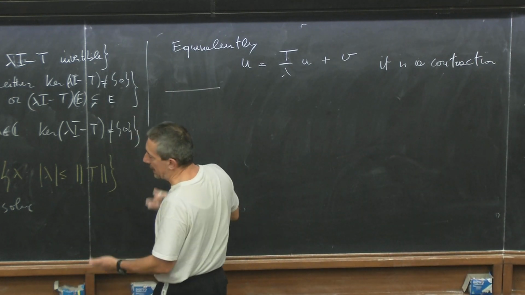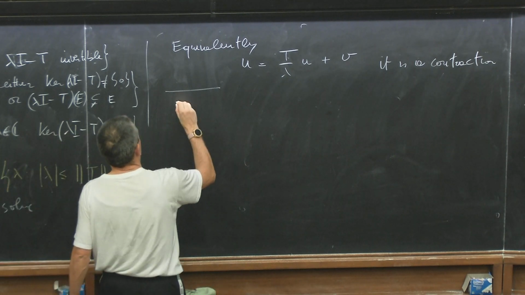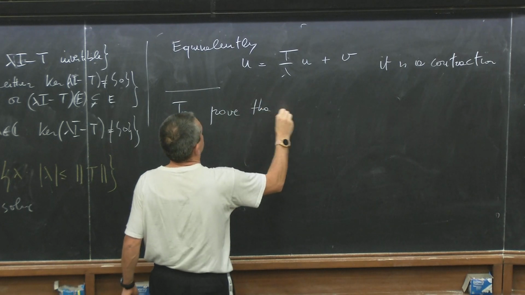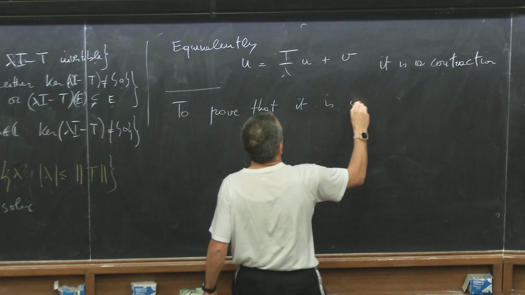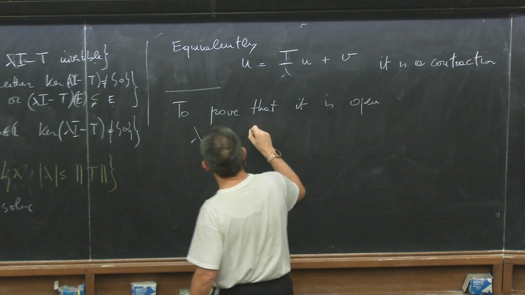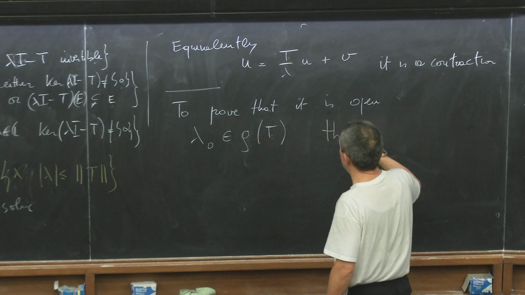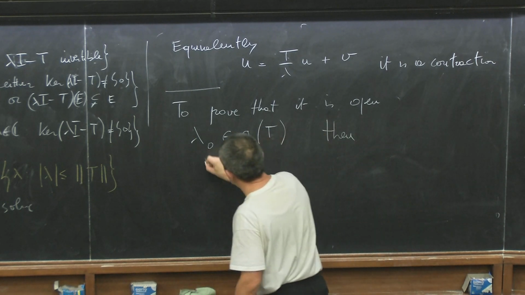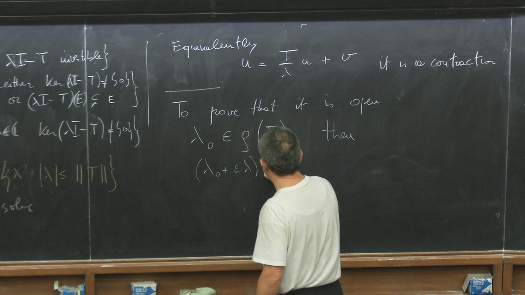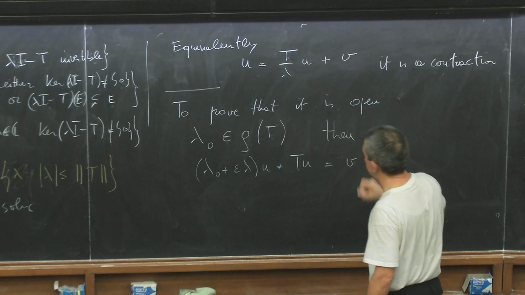The same analysis applies when I want to prove that it is open. If lambda 0 belongs to the resolvent, then we need to solve lambda 0 plus epsilon lambda minus Tu equal to v.